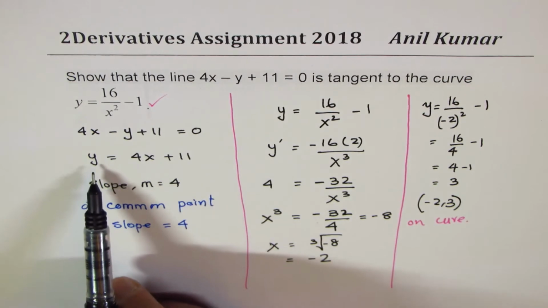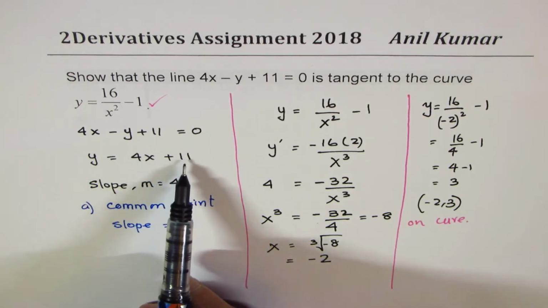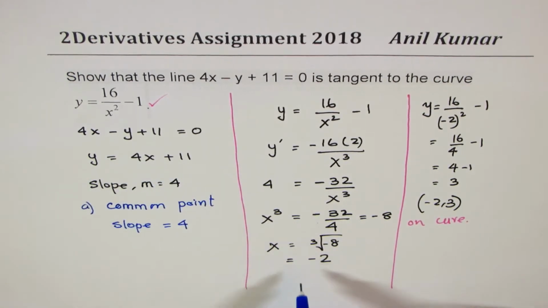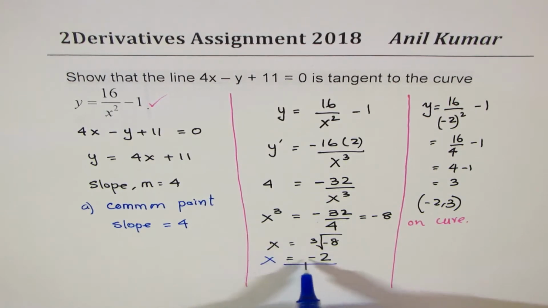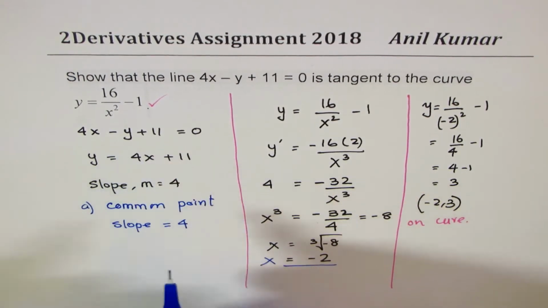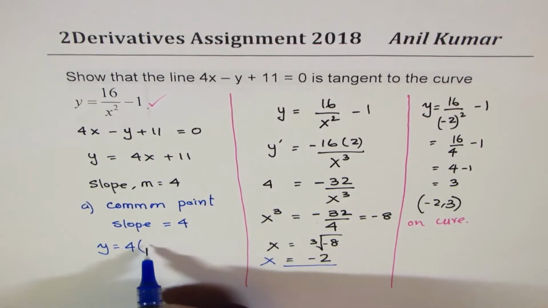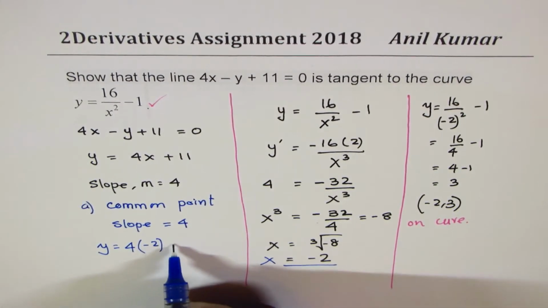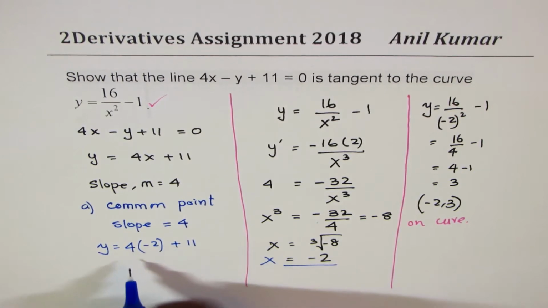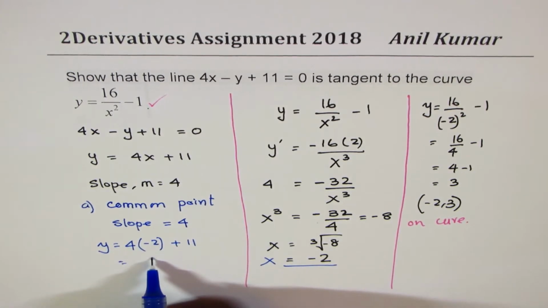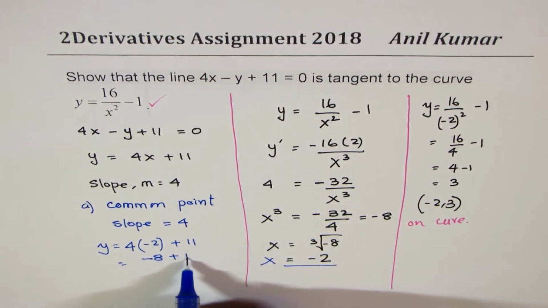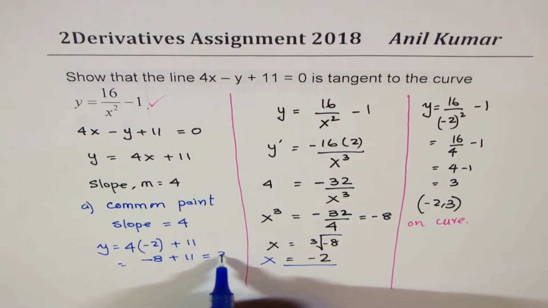Perfect. So the equation is y equals 4x plus 11. We can substitute the value of x, which is minus 2, in the given equation and say y equals 4 times minus 2 plus 11. Let's calculate this. So we get minus 8 plus 11, and this is indeed 3.